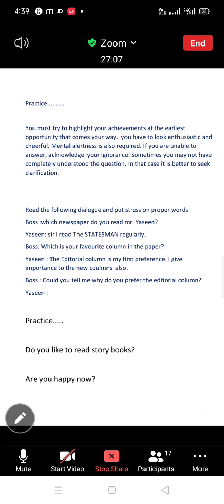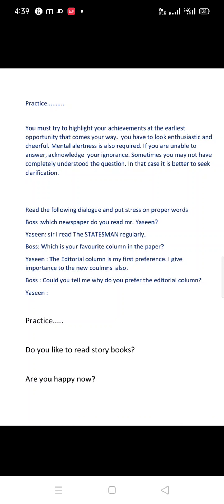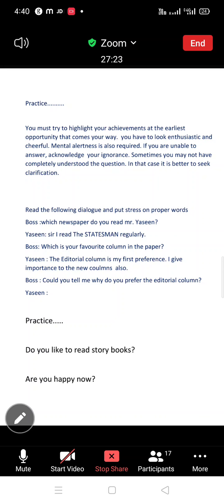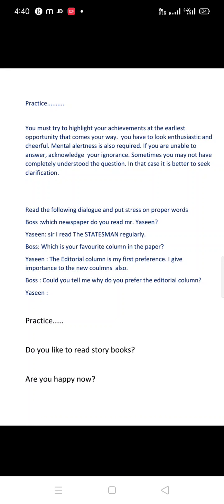Okay. So Aditya and Abhishek. Suppose Aditya is boss and Abhishek is his colleague Yasin. Now you have to read the following dialogue and you have to put stress on proper words. At first, read the conversation yourself and understand the meaning. Then you will be able to put stress on proper words.